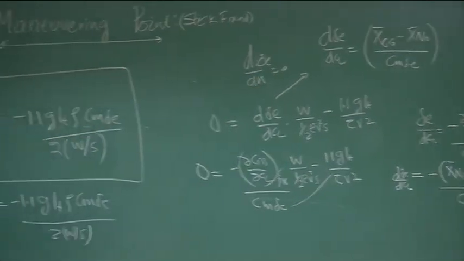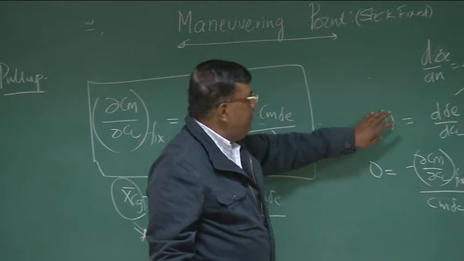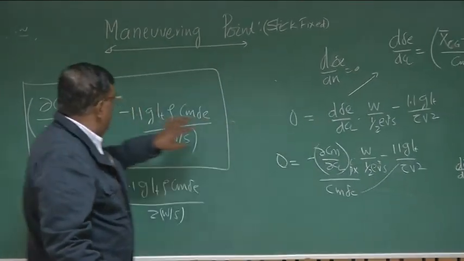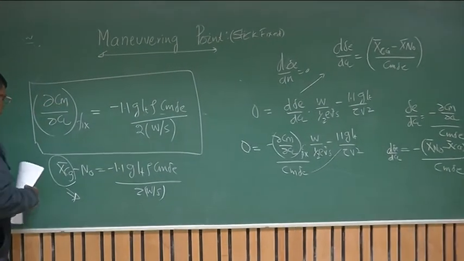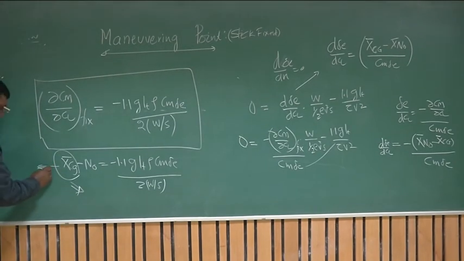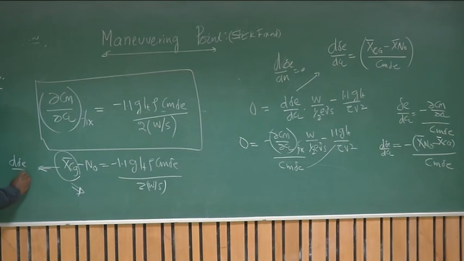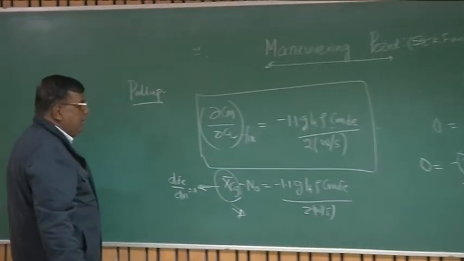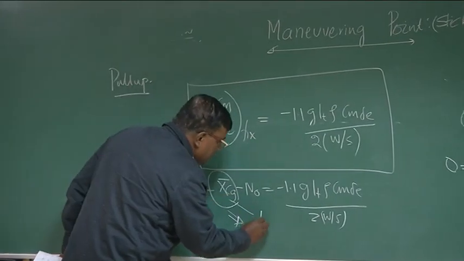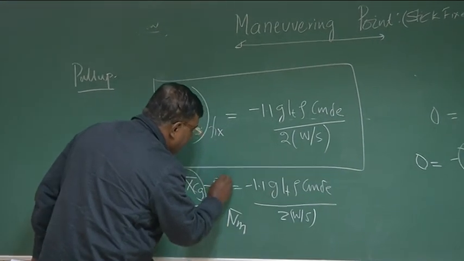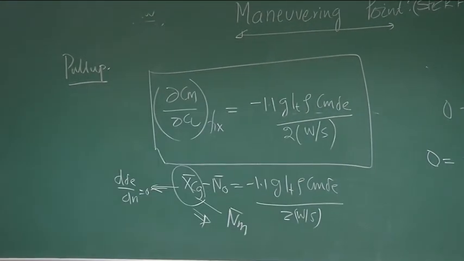That is how I got this expression. Because it is 0, from here I got this expression. So this xcg corresponds to the case where d delta E by dn equal to 0. That is how we have derived. Hence this xcg becomes the maneuvering point, nm, stick fixed.